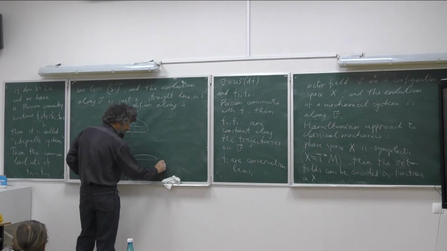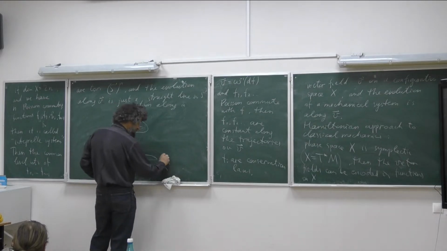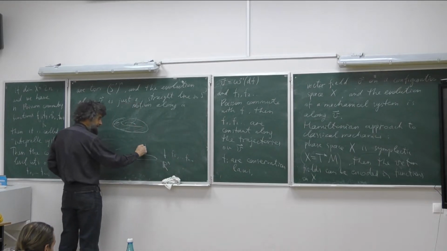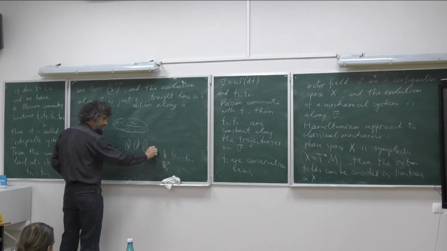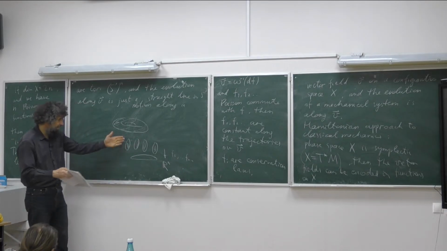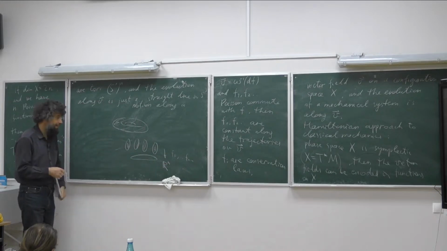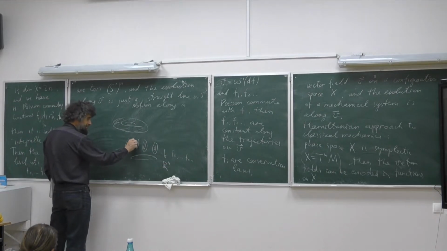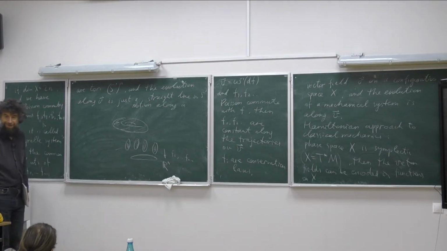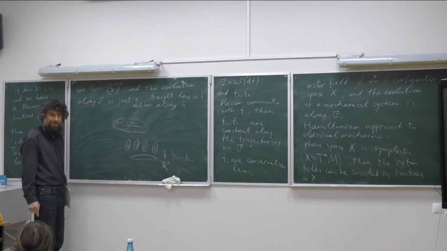So there is R to the power n, the values of these functions, and the fibers are just tori. And the evolution is inside the level set of the whole collection of functions, and inside each torus it is just straight motion, обмотка Тора, I don't even know how to say it in English.